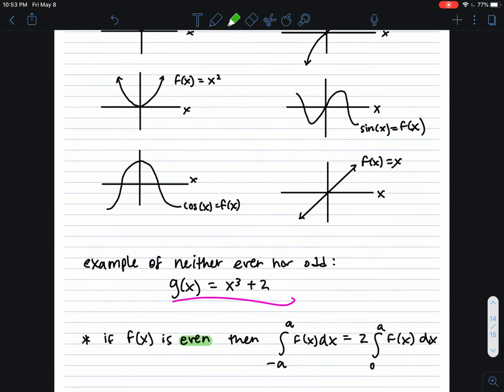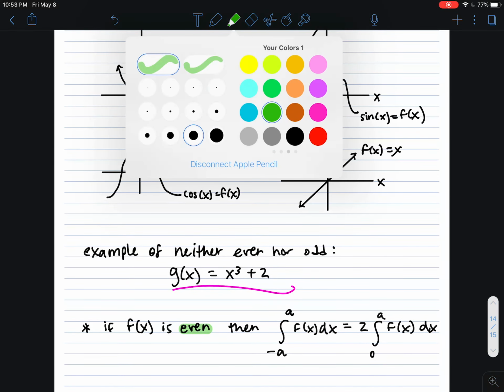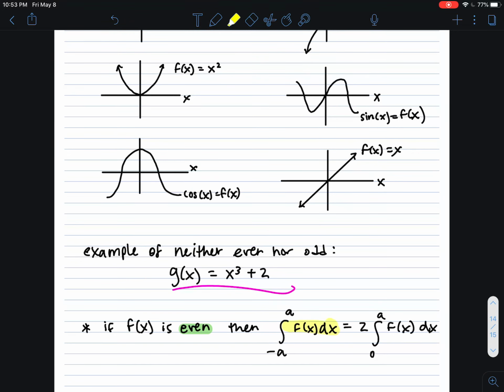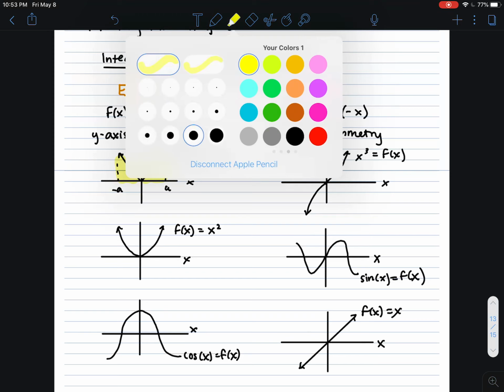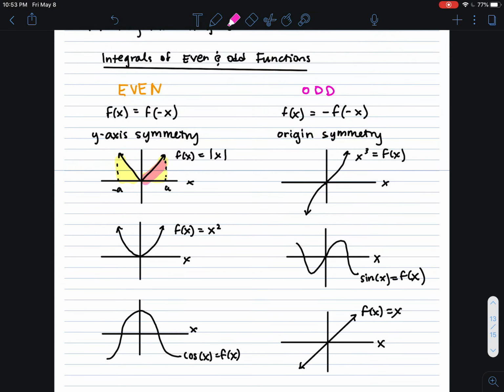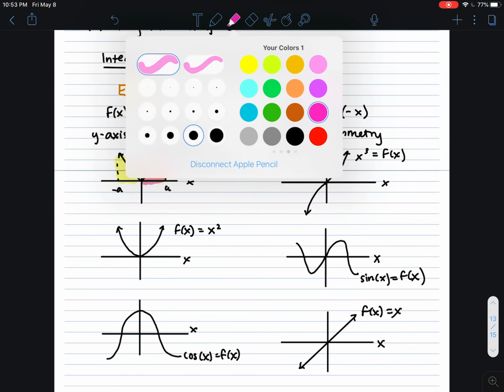If we look up here, let's do this in yellow. The integral of the whole thing from negative a to positive a is equal to the same thing as the integral to positive a times 2.